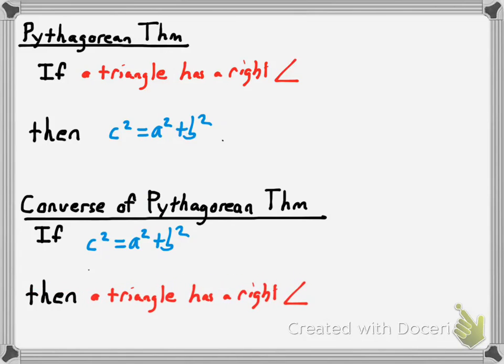There, you see that? Okay, so in other words, we can use the sides of a triangle in order to determine if it has a right angle or not. And all we have to do is check: do the three side lengths come in the form such that the square of the longest side equals the sum of the squares of the two shorter sides of the triangle.